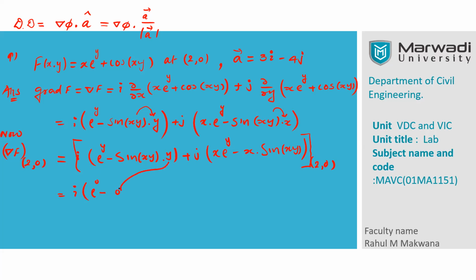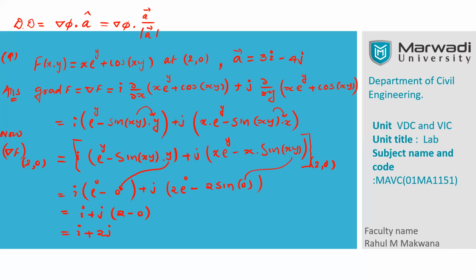Here y is 0, so that term will be 0. Plus j, x is 2, y is 0, and e raised to 0 is 1. We have i plus j times 2, and sine 0 is 0, so 2 minus 0, such that we have i plus 2j. So please note down, this is the first part of question number 9.